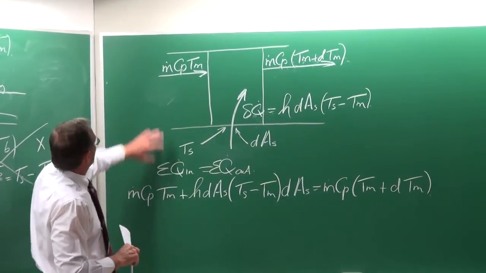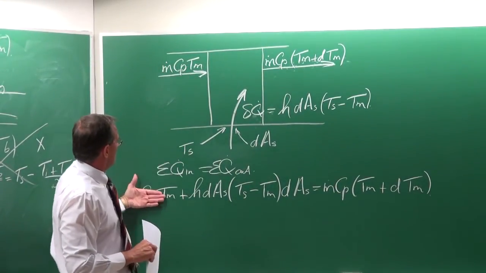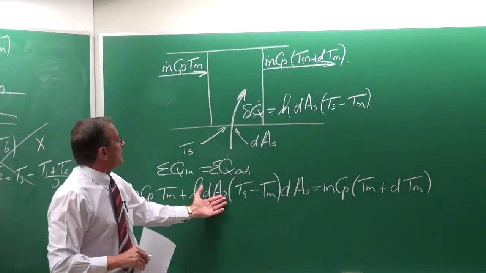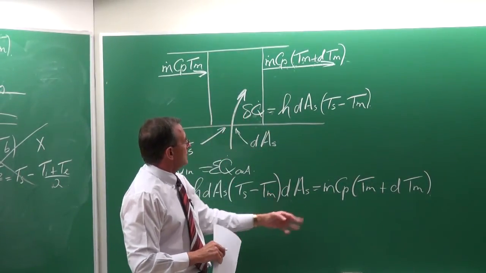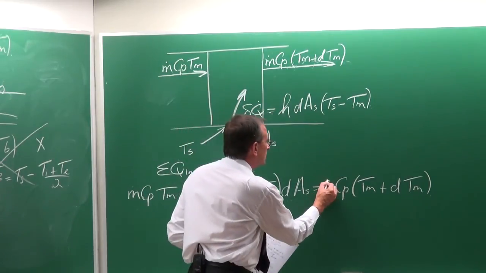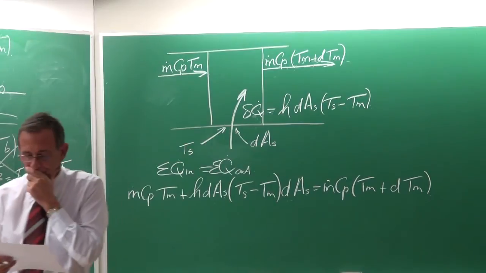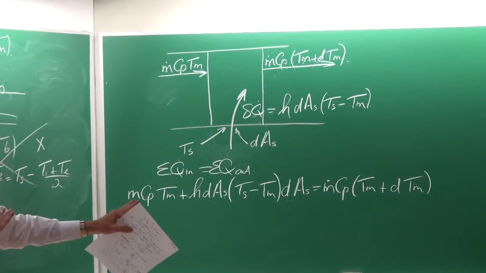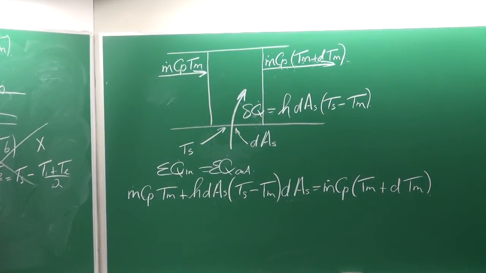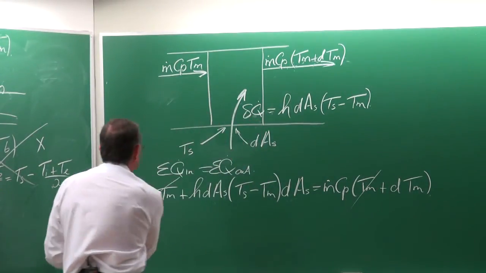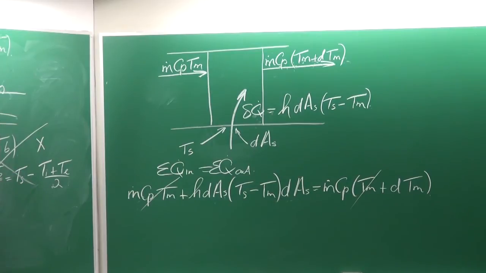What is going in? Mass flow rate Cp Tm plus the heat transfer rate from the wall, the heat transfer coefficient multiplied by the area and the temperature difference, is equal to the mass flow rate of everything going out on that side. You happy with that? Right, so this term and that term cancel.